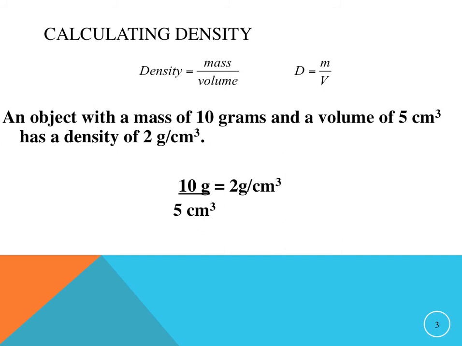So you really need to read your question, because volume can be given to you directly, or you may have to calculate it. Remember we said it could be giving you the length dimensions for length times width times height, and then you'll have to multiply those to get centimeters cubed.